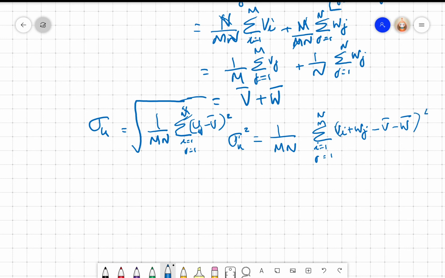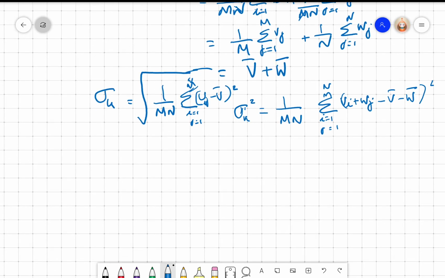Okay. So this we can write as sigma U square is equal to 1 by Mn sigma I equal to 1 to M, j equal to 1 to N, right?